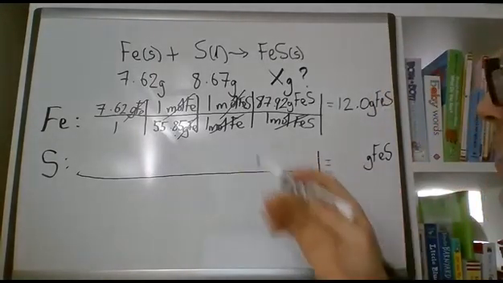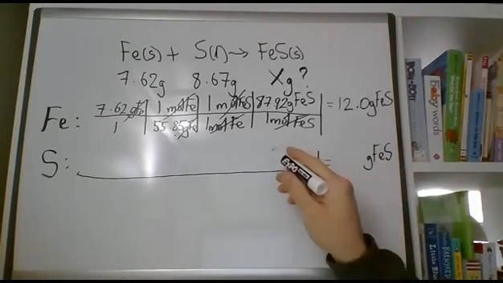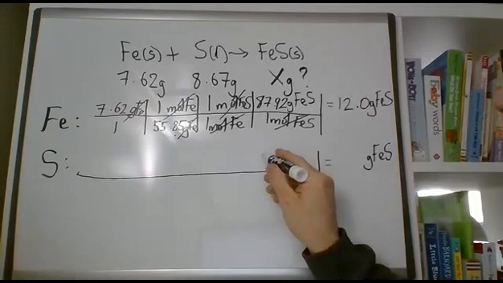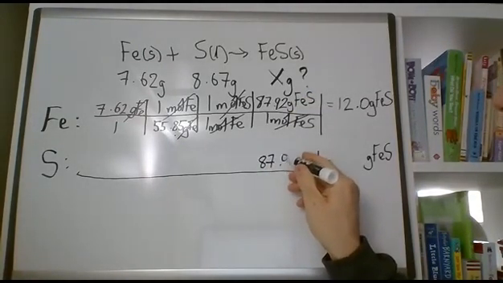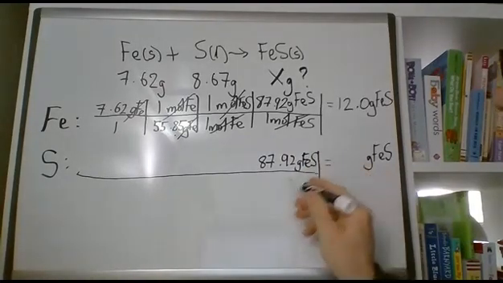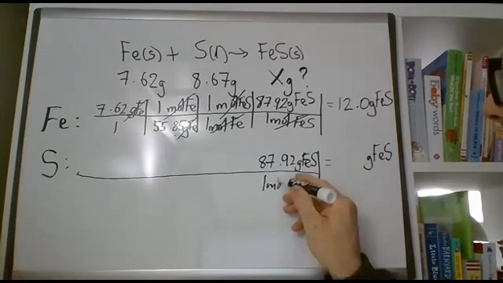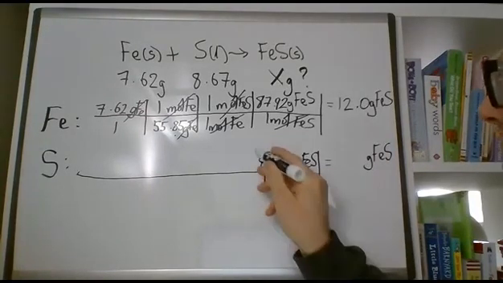All right, we have to do the same with S. Same again here, 87.92 grams of FeS is equal to 1 mole of FeS.